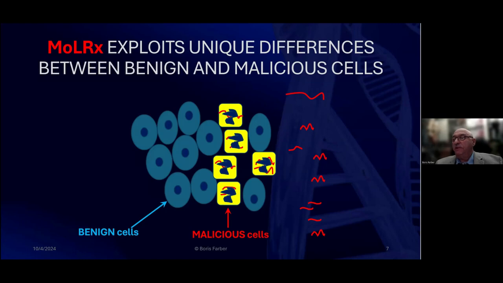Normal cells with little or no macropinocytosis remain unaffected. Internalized MolRx fragments interfere with protein synthesis in cancer cells. Disruption of protein synthesis results in cancer cell death.